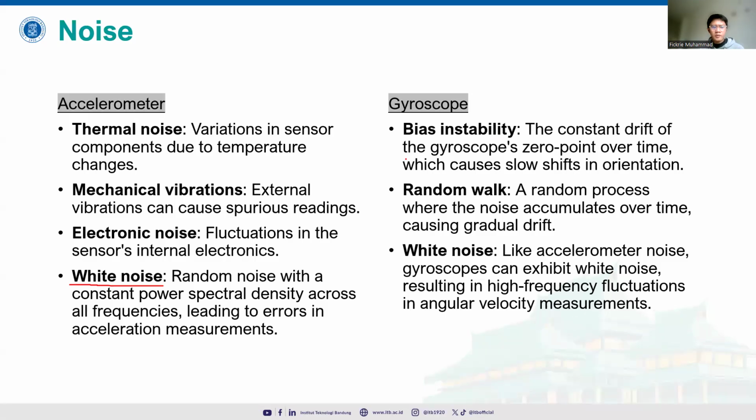For example, because of mechanical vibrations, electronic noise, or temperature changes, noise is introduced into our gyroscope measurements, and this noise accumulates over time, causing gradual drift, as we can see from the application module.